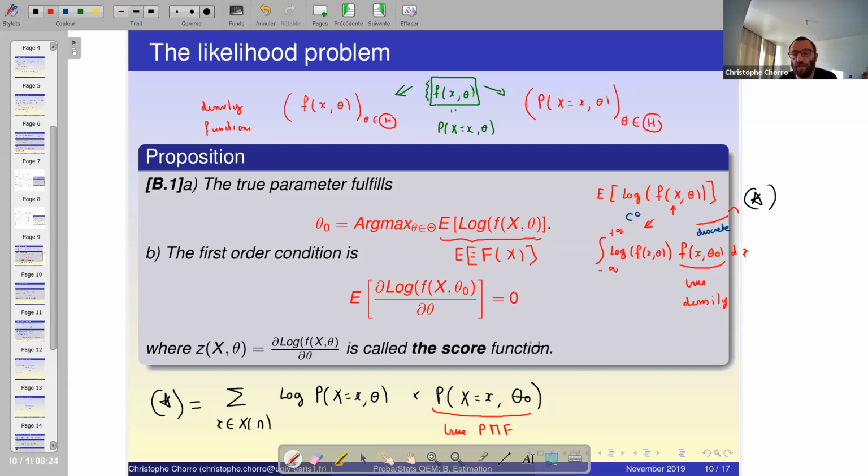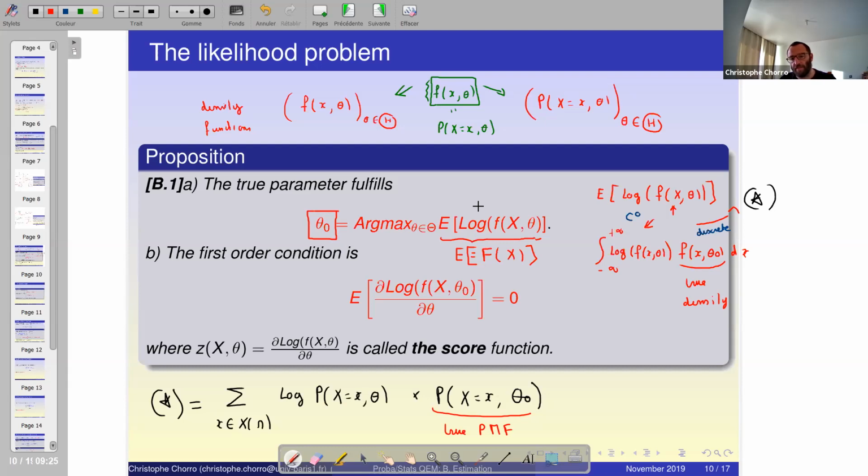What is nice is that my parameter of interest, theta_0, is the one that maximizes this quantity, and it's what we are going to prove just after.